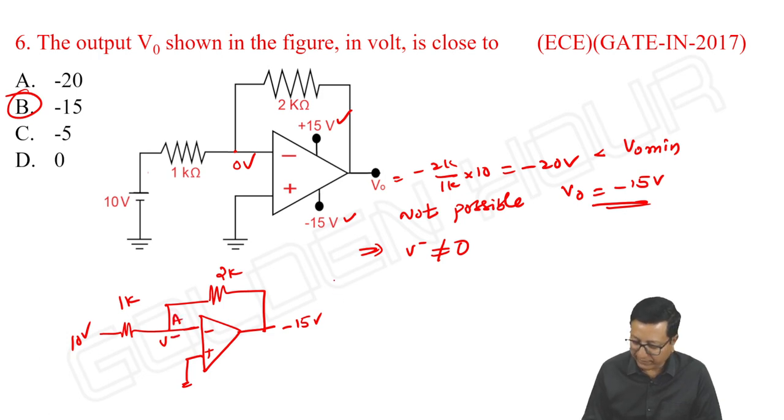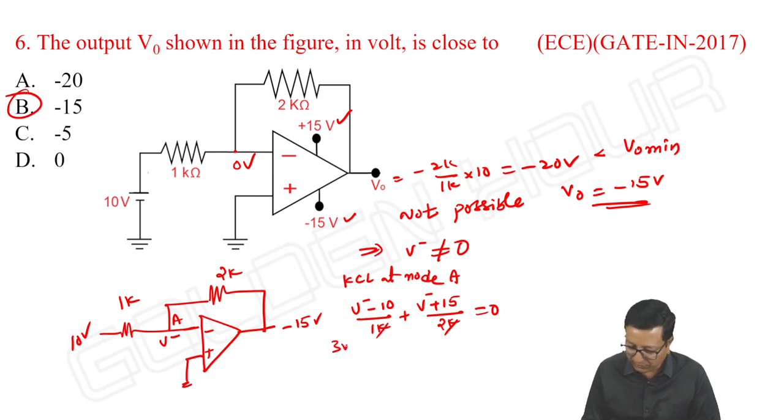So KCL at node A. Then it is V minus minus 10 by 1K plus V minus minus of minus 15 by 2K is equal to 0. Kilo and kilo cancel. 3V minus by 2 is equal to 10 minus 15 by 2, it is 5 by 2. So what is V minus, friends? 2 to cancel, it is 5 by 3.